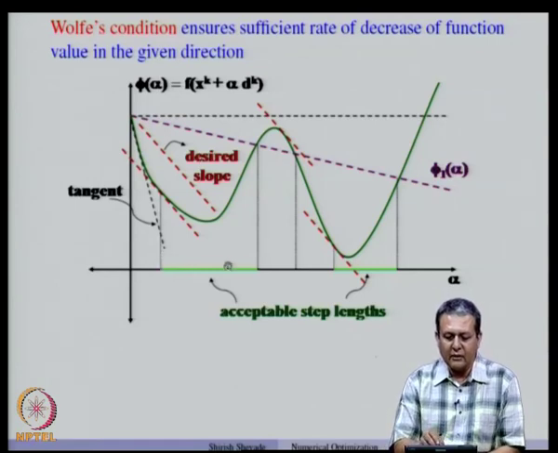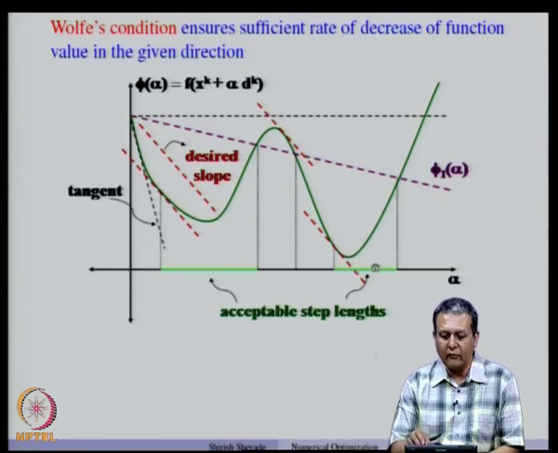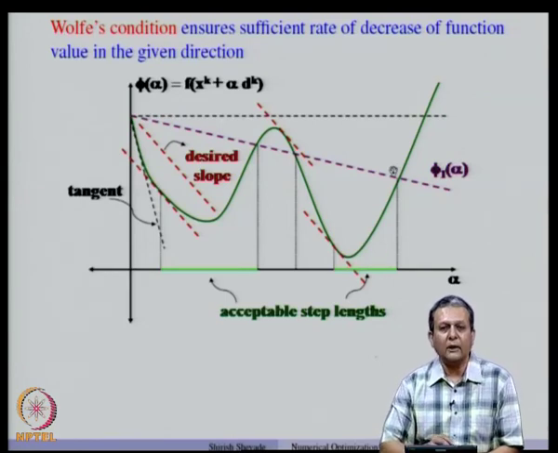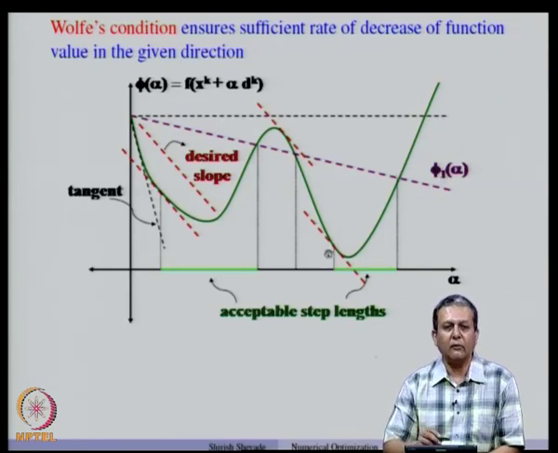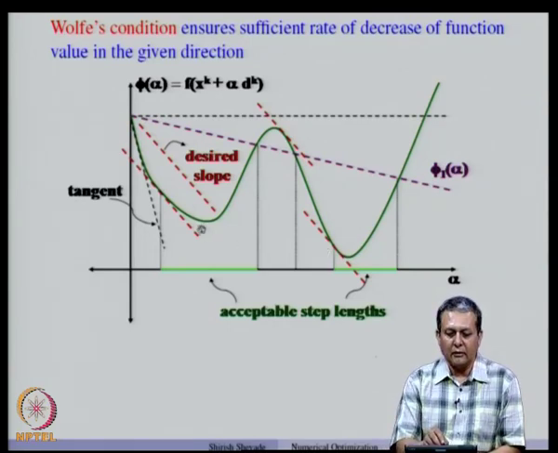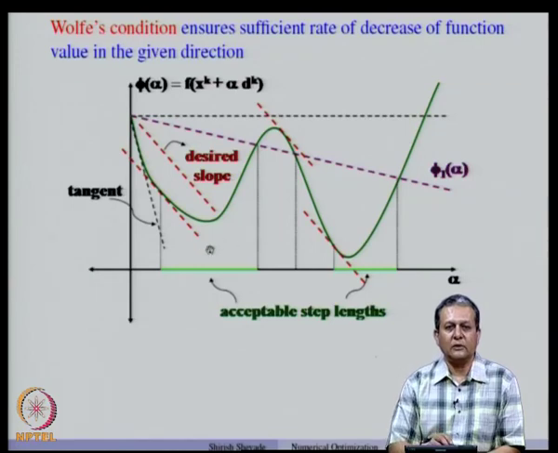So, this becomes an acceptable step length for Wolfe condition, and similarly this becomes an acceptable step length for Wolfe condition plus Armijo's condition. So, one can use Armijo's conditions along with Wolfe condition instead of Armijo's conditions and Goldstein's conditions.